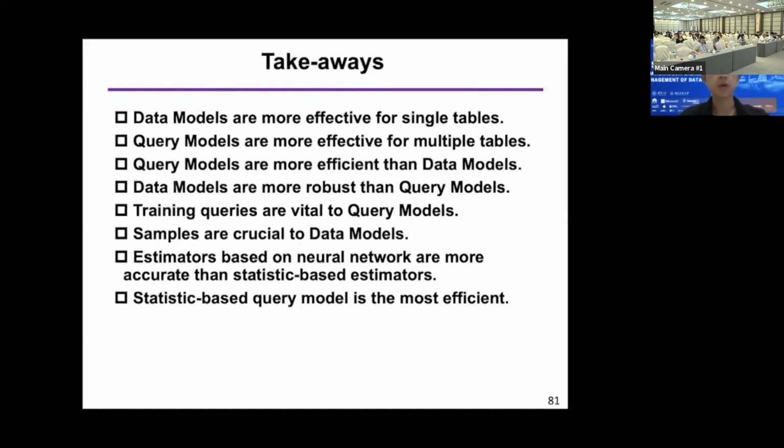And data models are more robust than query models because they only learn the underlying distribution and work for different data or queries. And training queries are vital to the query models, and samples are crucial for the data models. And for the cost estimation problems, the estimators based on neural networks are more accurate than the statistic-based estimators. And the statistic-based query model is the most efficient.